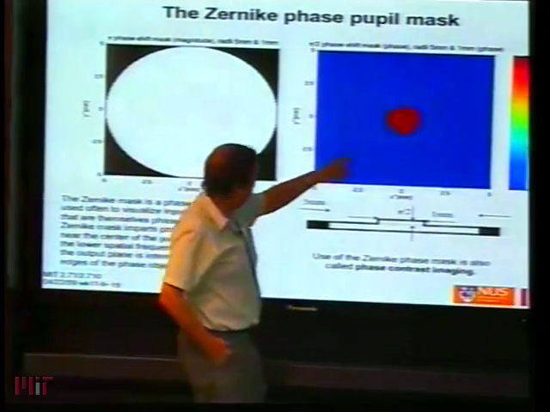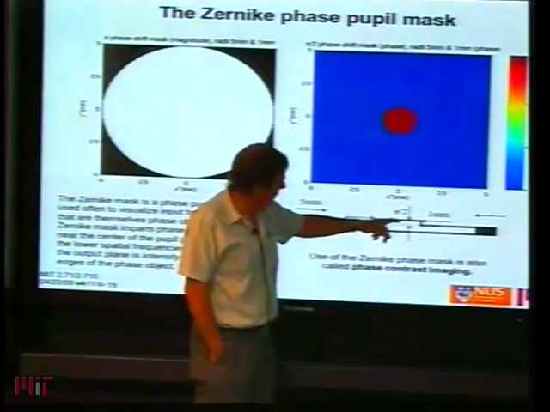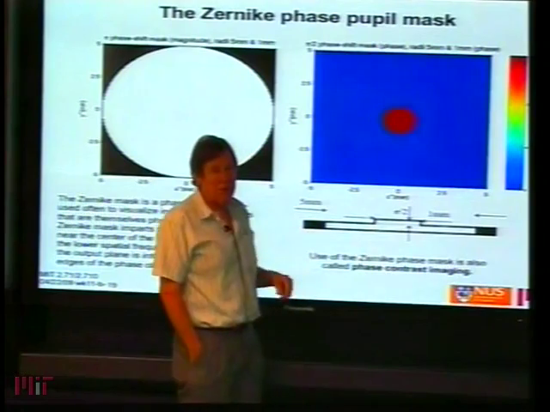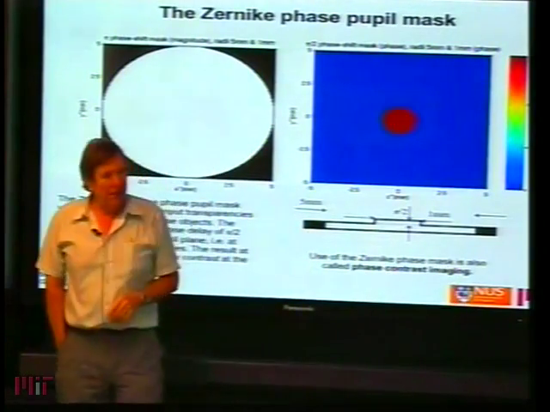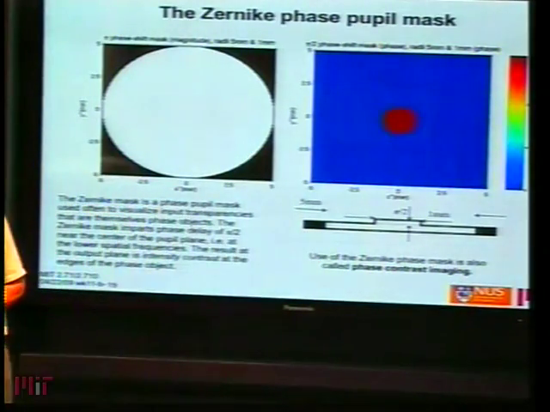So this is our mask. This has got a phase change of pi by 2, which is much bigger than 0.1 of a radian. So it's the object that has to be a weak phase object, not the mask.